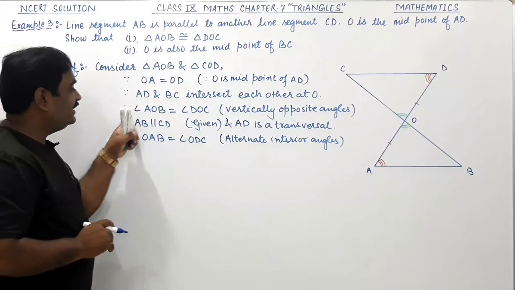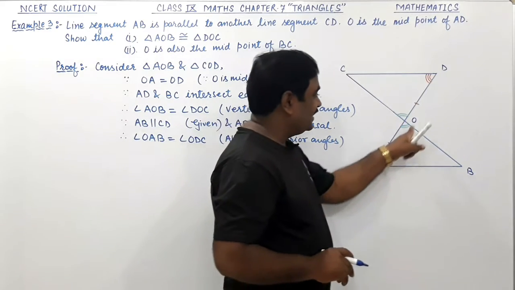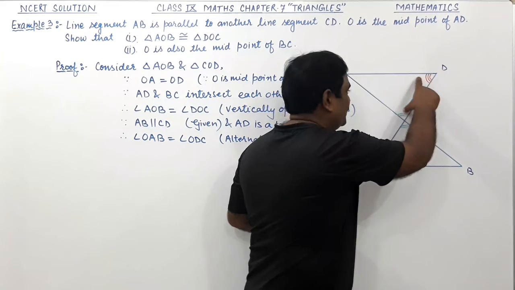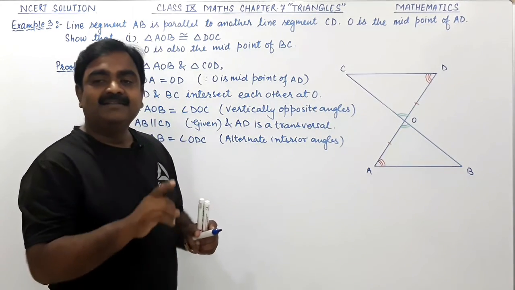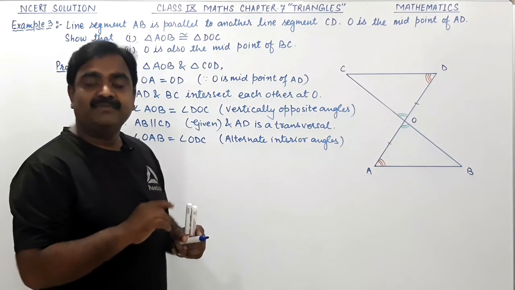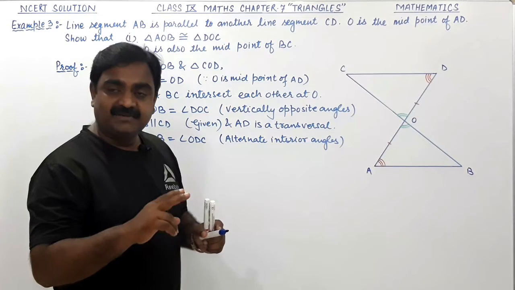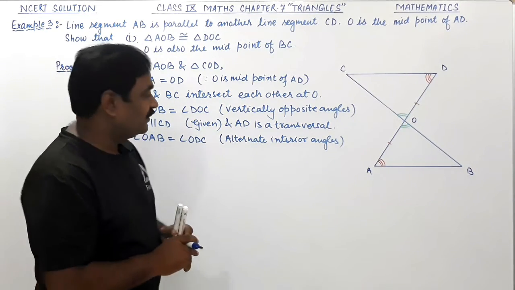One side and two angles are equal. One side, this side, and these two angles. These two angles included side. So dear students, you have read theorem 7.1, angle side angle congruence rule.